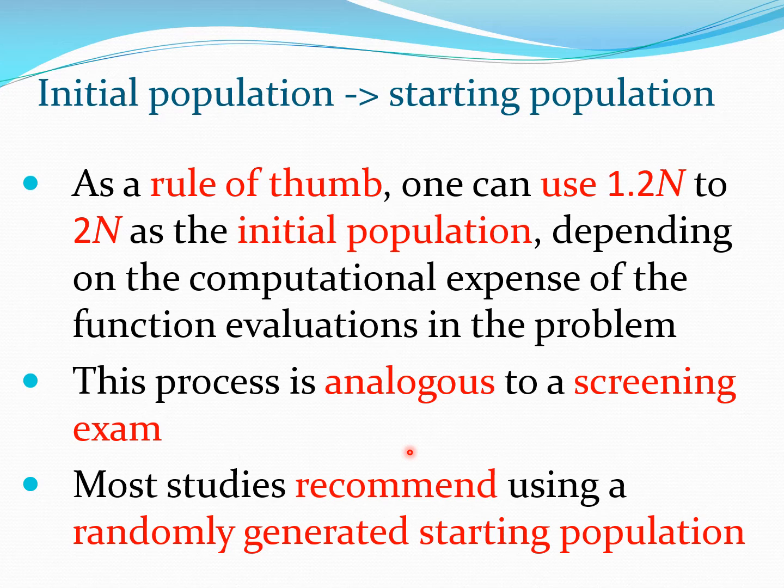So essentially this kind of thing works out quite well, which we have seen in practice. And most studies in fact recommend that you use a randomly generated starting population, just like I mentioned before. So this randomly generated population helps in letting you run this code several times and getting a different realization each time.